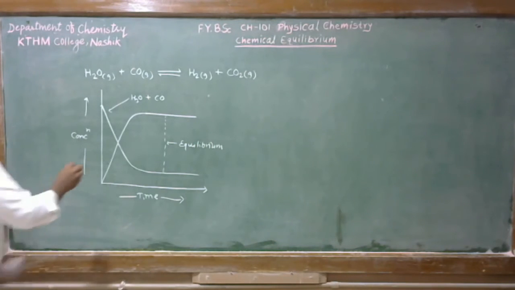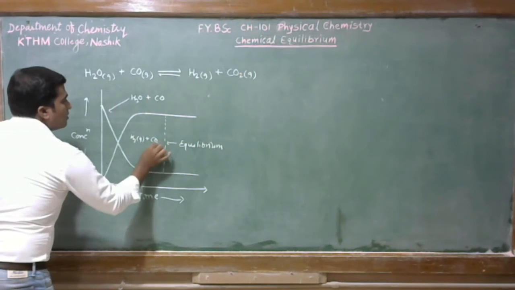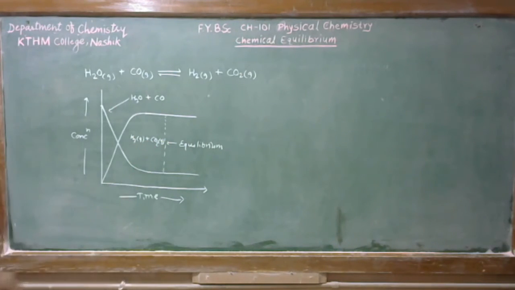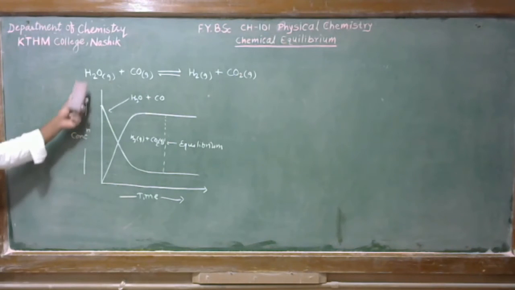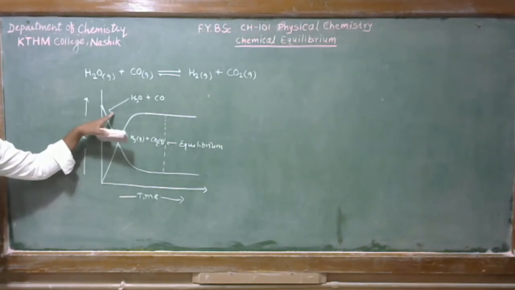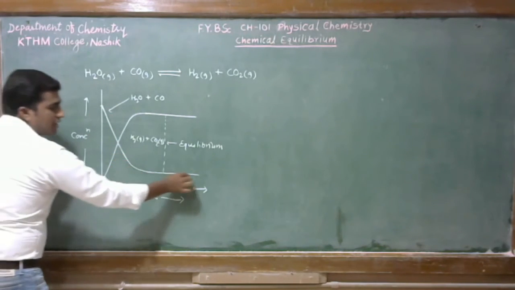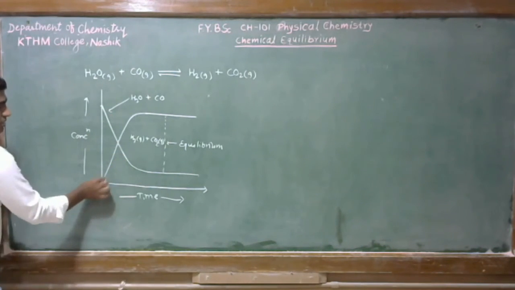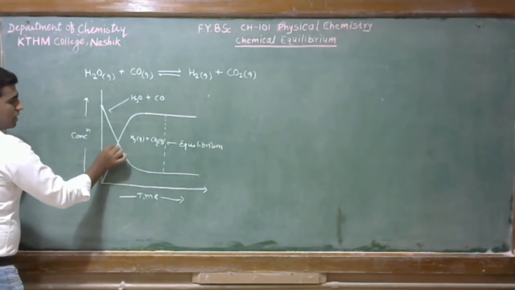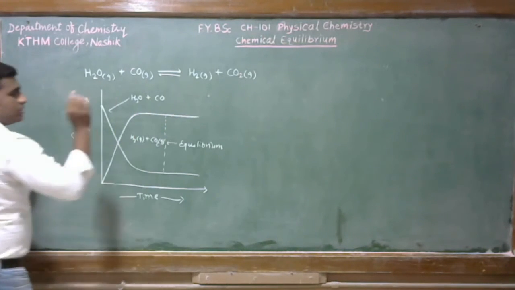Okay, equilibrium. Here H2 gas plus CO2 gas. So this graph is concentration versus time. The initial concentration of reactants decreases and attains chemical equilibrium. At the same time, the concentration of products increases and again attains chemical equilibrium.